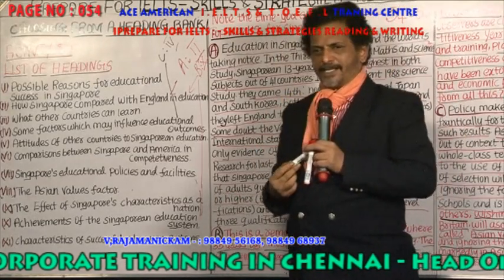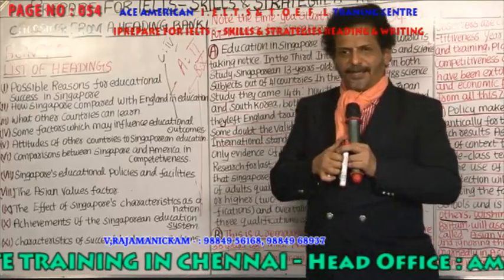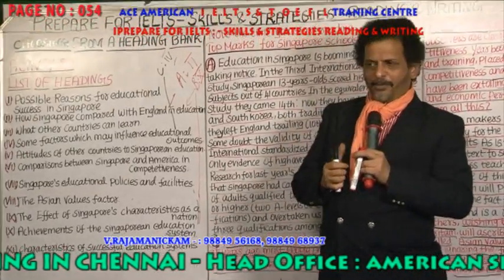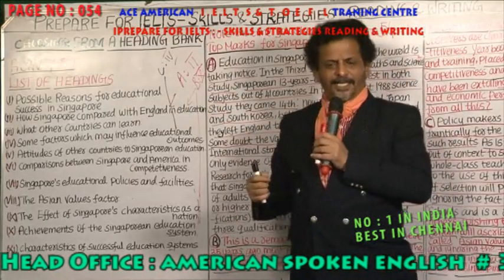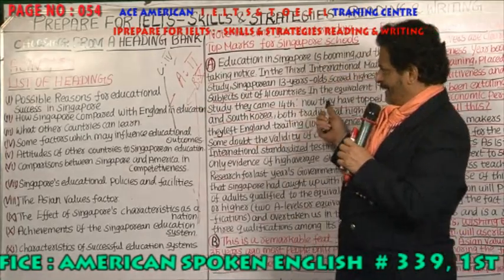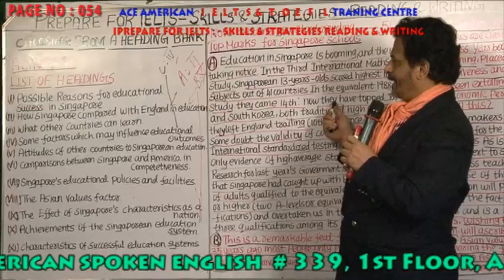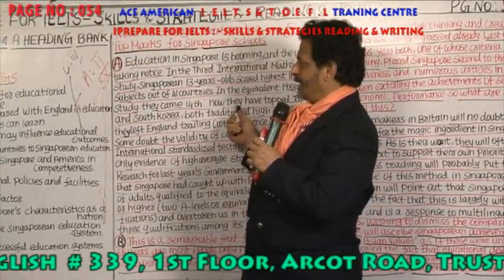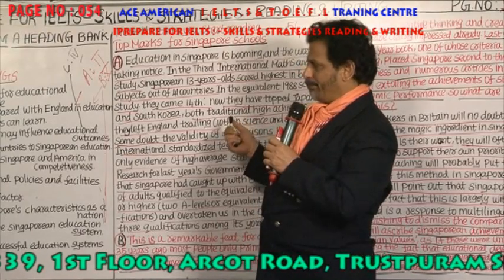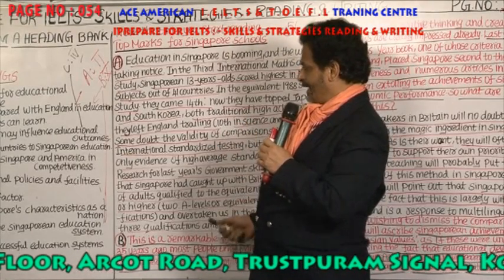So my dear friends, 3 paragraphs we have seen. Still we have 5 more paragraphs. So for each paragraph we have to choose a heading. So what does the first paragraph say? The first paragraph says about the education system compared with Britain. That's what the first paragraph is all about.